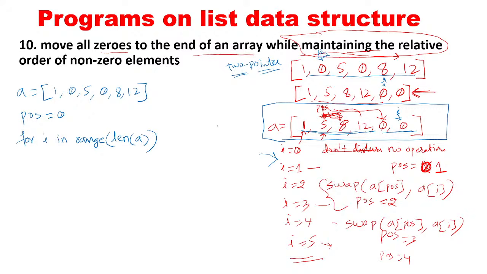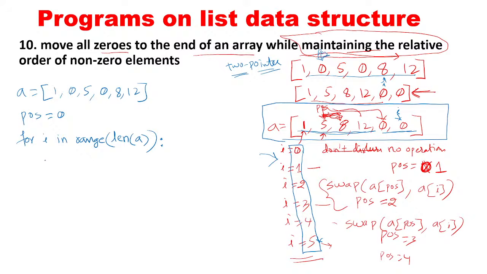When you say range 6, it generates the sequence 0 to 5. I value takes these 6 values: 0 1 2 3 4 5. That is what is generated here. Once you have this, for each number you need to test. If it is a non-zero number, then only you should swap.